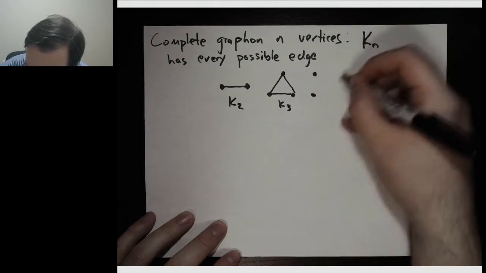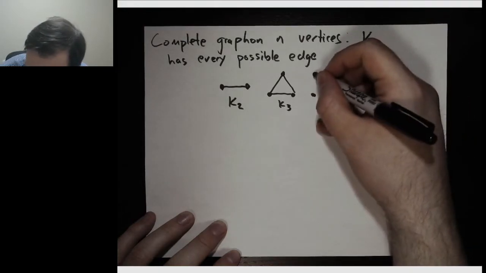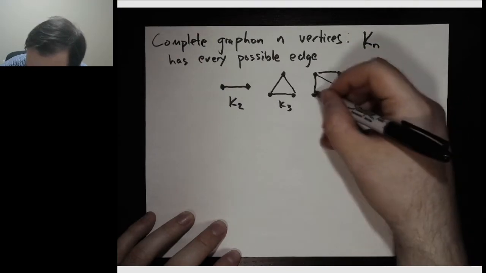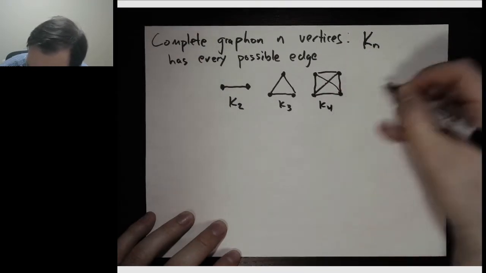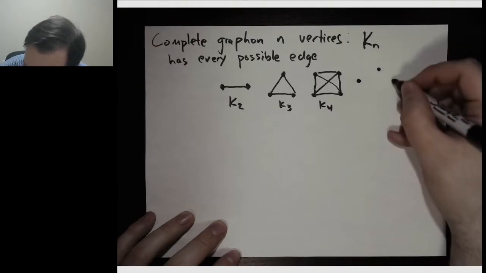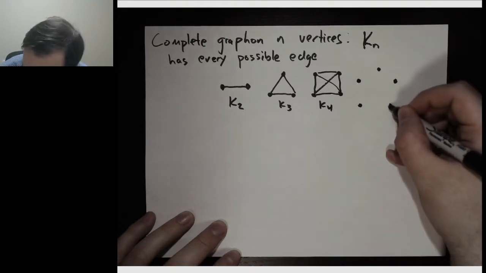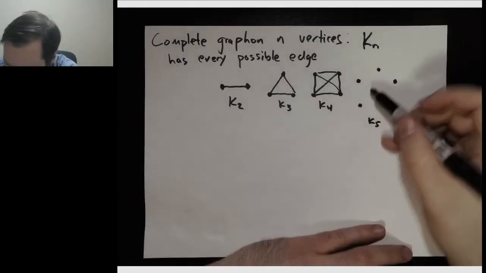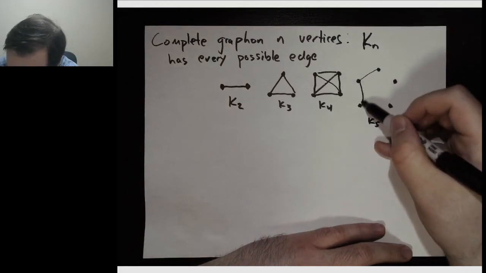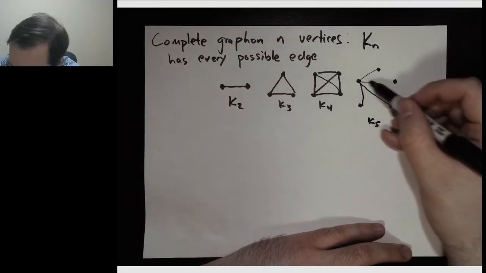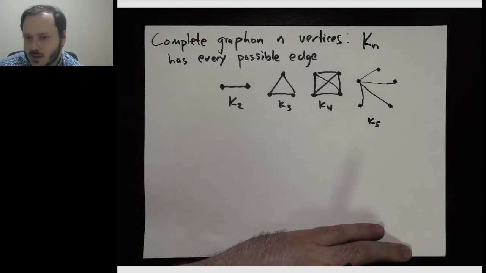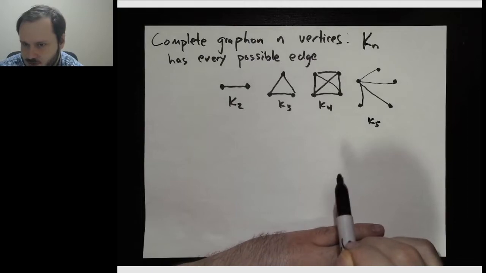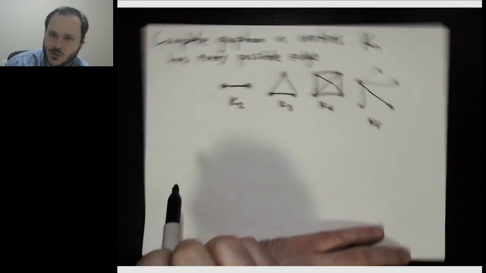K4, all the edges between any two of these. And then I'll go all the way up to K5, I guess. Worth checking to make sure I got them all. If I have every possible edge and I have 5 vertices, that means every vertex should have degree 1 fewer than the total number of vertices.